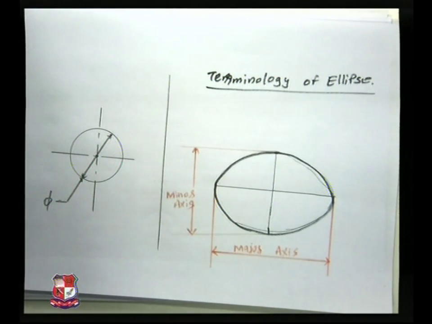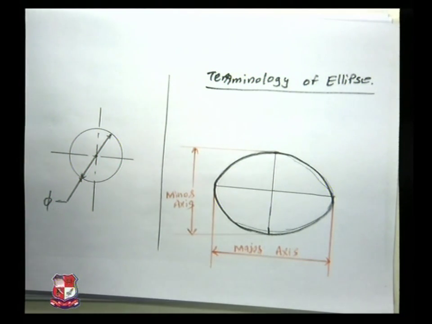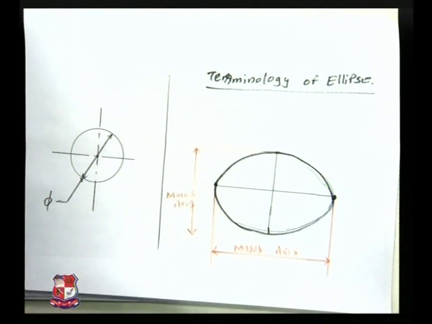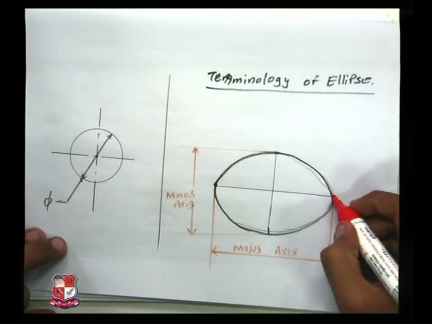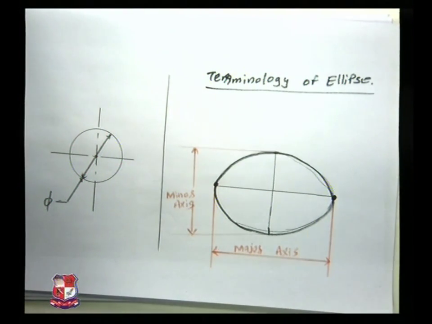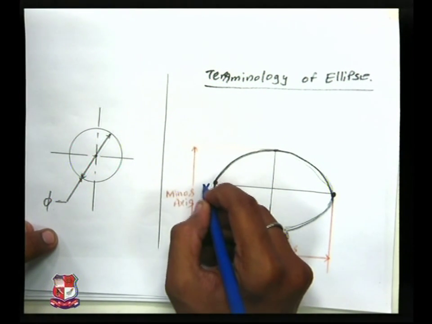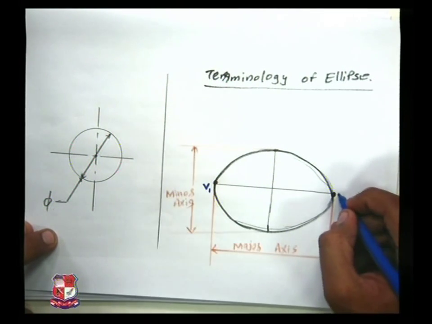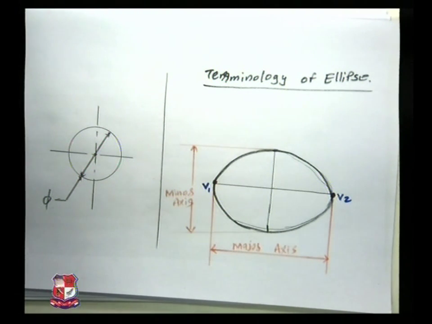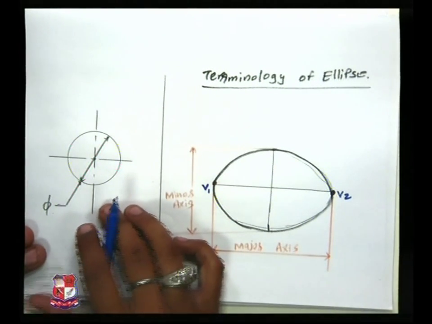Now another two important parameters. The outermost points of this portion are called vertex points. This is V1, this is V2. It is called the vertex point. Now when we look at the circle, we will have a clear difference here.